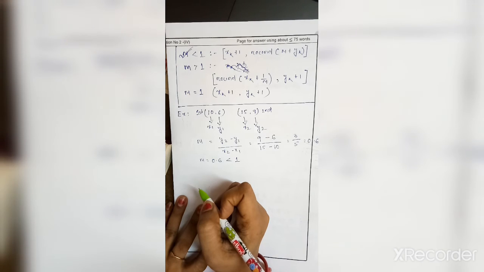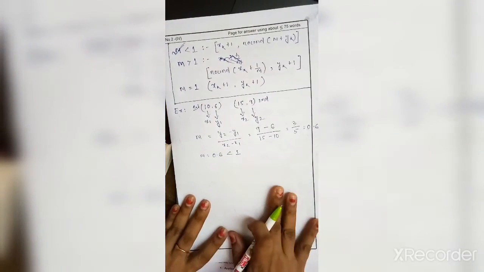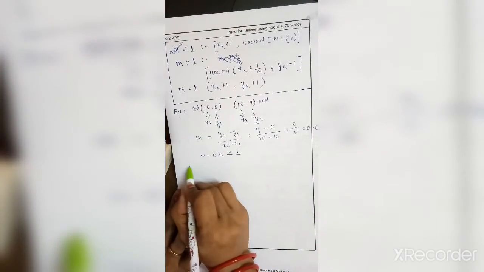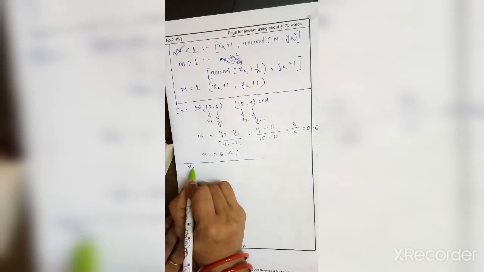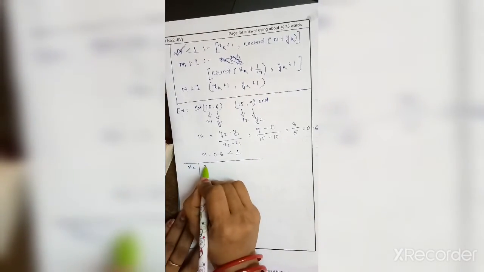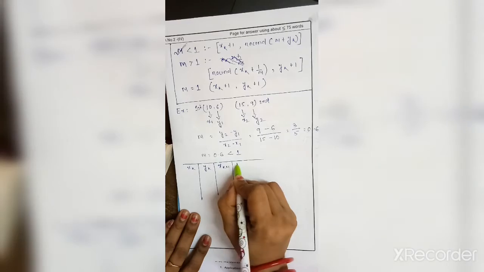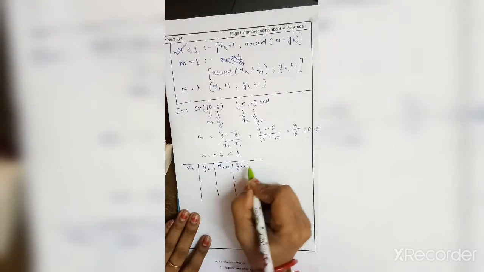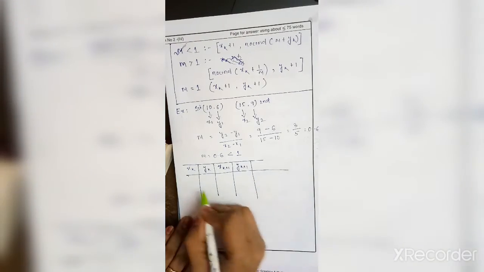Now what we need to do? We have to find out xk, yk, xk plus 1, yk plus 1. These things we have to find out.